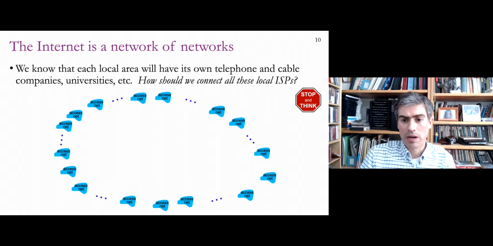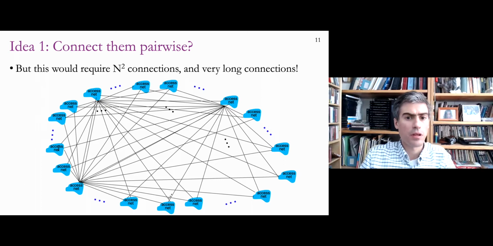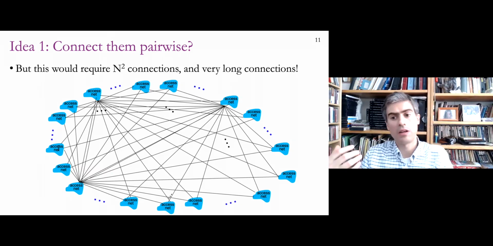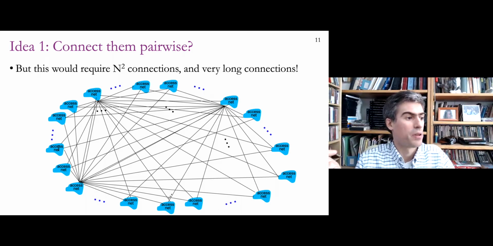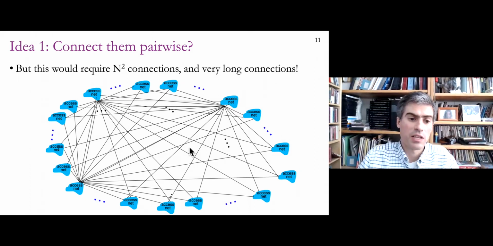I'm going to go through a few different possibilities. The first one is for them to connect to whomever they want to talk to. So, for example, if researchers at Northwestern want to communicate data with researchers at Argonne National Labs and University of Chicago and let's say MIT, those three places, then the Northwestern IT staff would have to make sure that there were wires built from Northwestern to all three of those places, right?